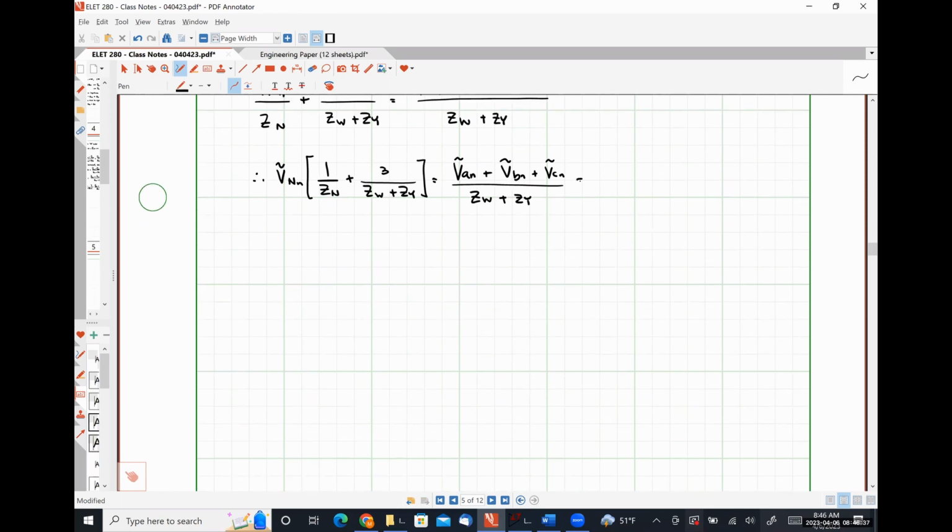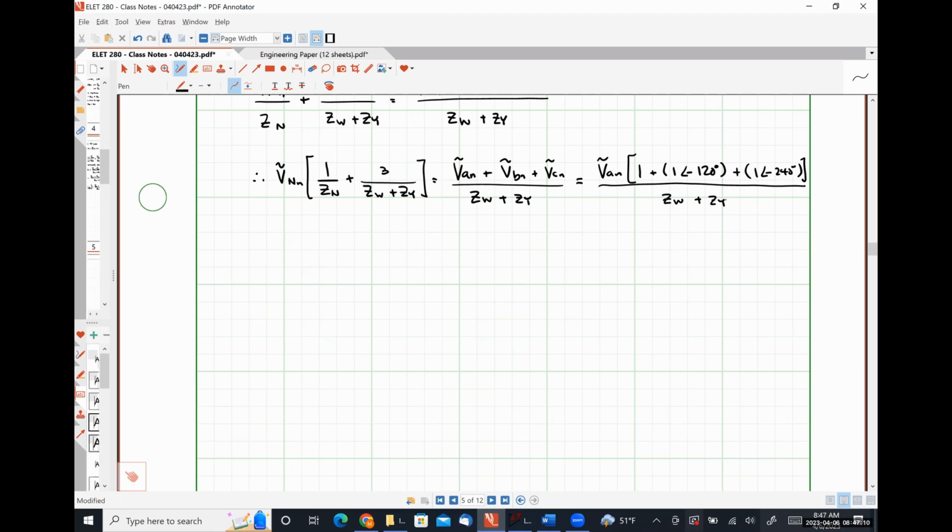So I'm going to have VAN multiplied by 1 for the A phase plus 1 angle negative 120 degrees for the B phase plus 1 angle negative 240 degrees for the C phase, all divided by ZW plus ZY.